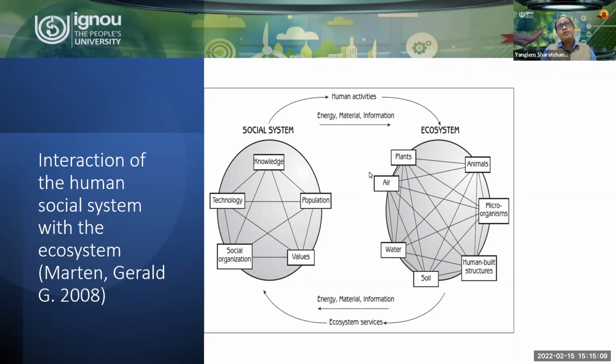Again, from the ecosystem perspective, the ecosystem provides services to the social system through the movement or transfer of materials, energy, even information, to meet people's needs.